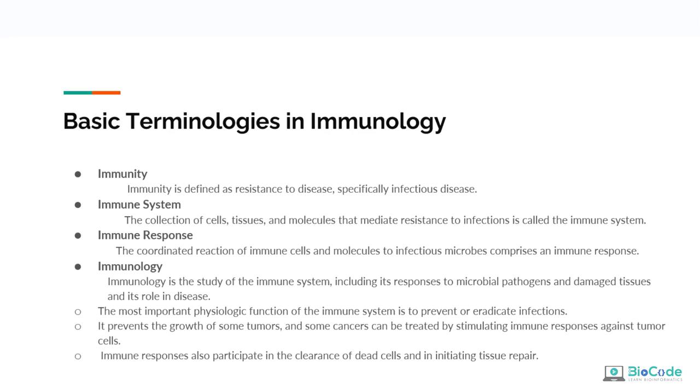It is the collection of cells, tissues, and molecules that mediate resistance to infections. Another definition we have is of immune response. Immune response is the coordinated reaction of immune cells as well as molecules. These cells and molecules react to infectious microbes.